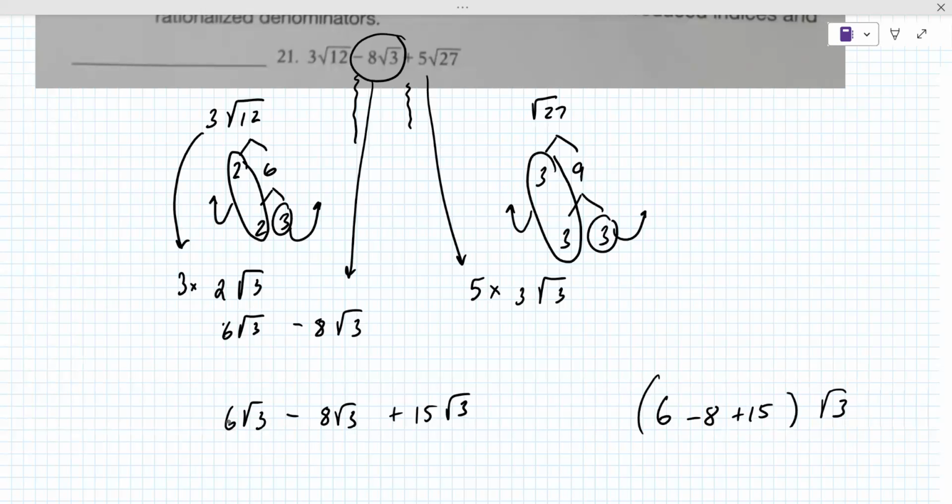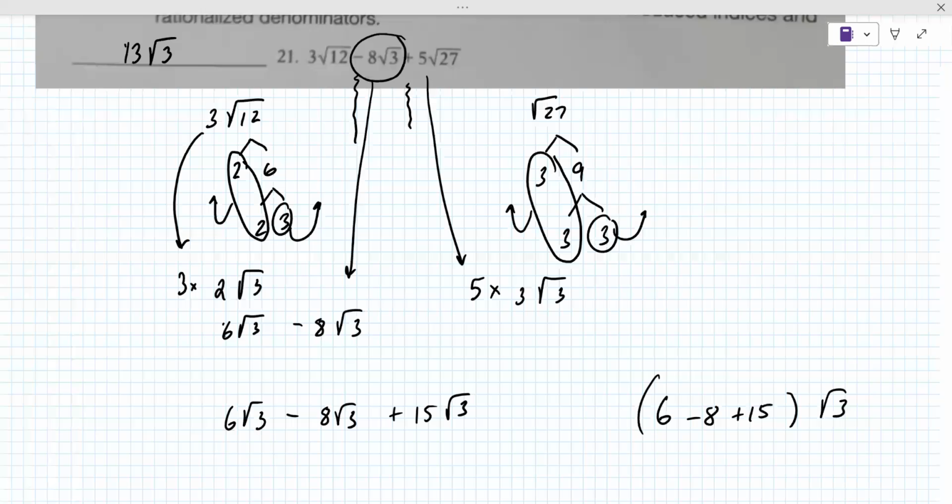Can you tell me what that becomes, please? 17. Right? Try again. 6 minus 8. You have $6. You owe someone $8. Oh, so -2. And then 15 to go with it. That would be 13. Good. 13 square root of 3.